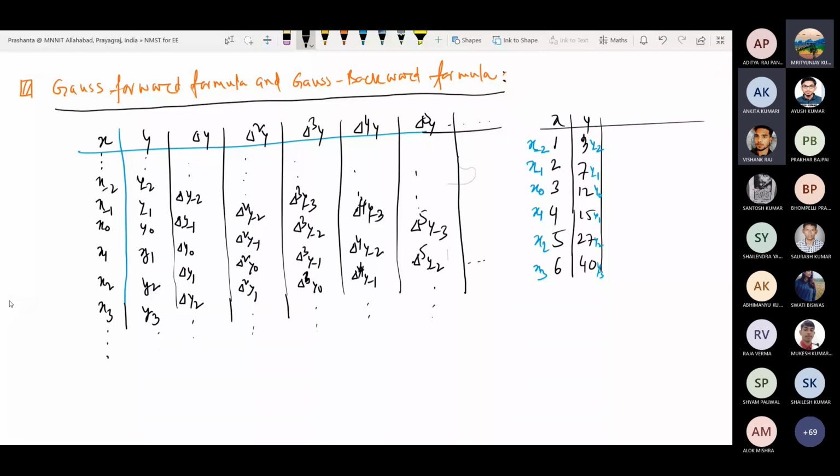So once you choose x naught as center, you will have to identify which is the forward line and which is the backward line. Along the forward line, you will get the Gauss forward formula, and along the backward line, you will get the Gauss backward formula. Once you choose the center, this particular line is called the forward line.